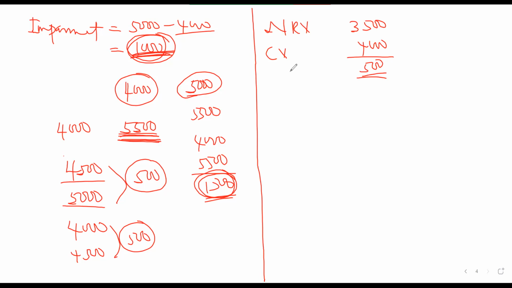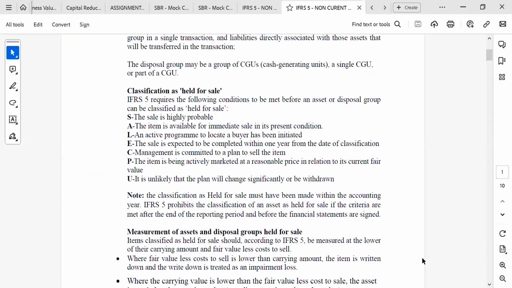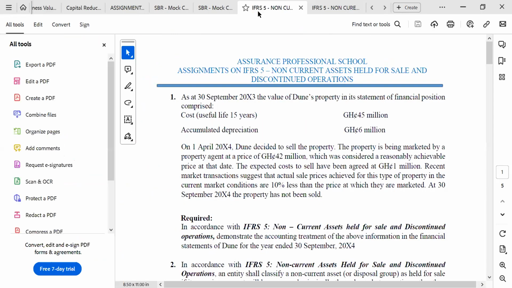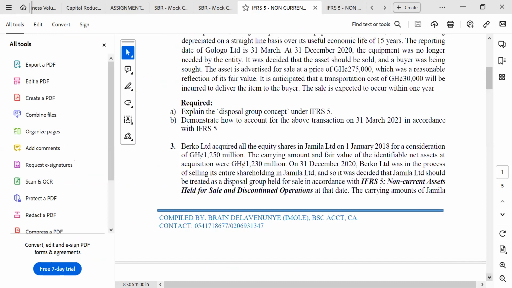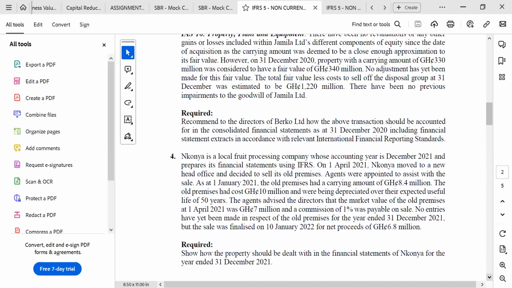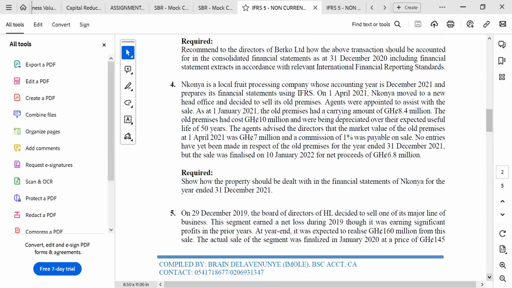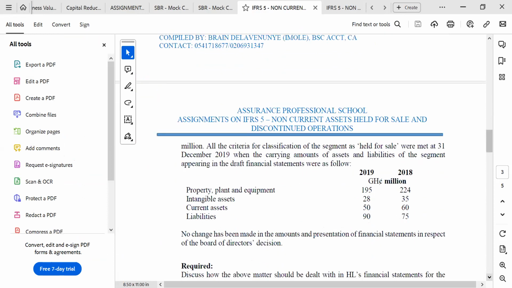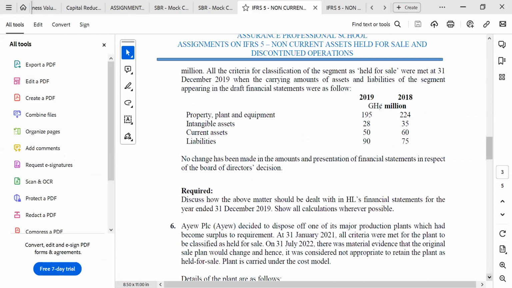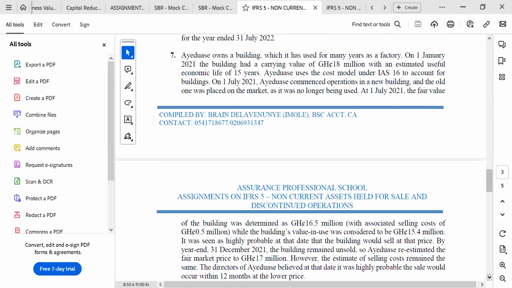Then we go back and come. All right. So let's pick one, or let's pick two questions. Okay, let's pick two questions, then we see how we can go about this. Okay, question one. Okay, can we pick question four? Question four and question 4 and 7.